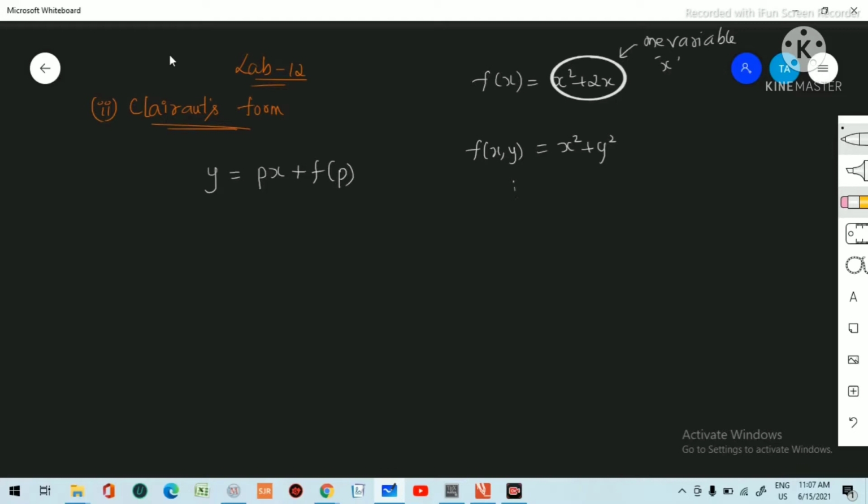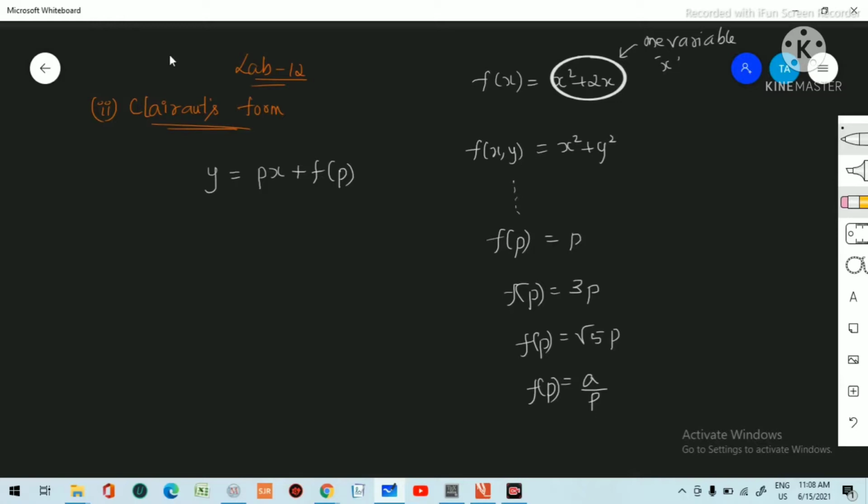Similarly, if I have a function of p on the right hand side, we will represent that function by f of p. Even if you get a constant, that is also a function of p. Any constant is also a function of p.